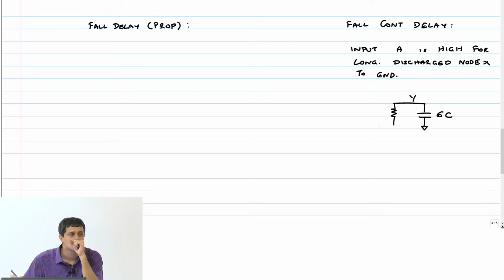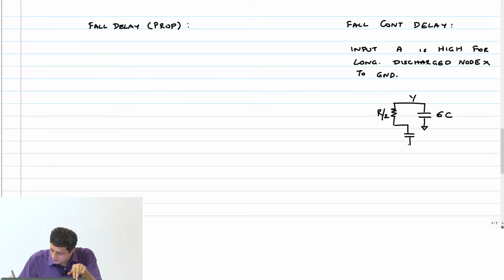R by 2, since the NMOS size is 2, right? 2C is the intermediate node capacitance, but that has already been discharged to ground. So if you remember the problem I gave in the quiz where one of the nodes was already discharged, you apply that condition and that capacitance will just vanish.